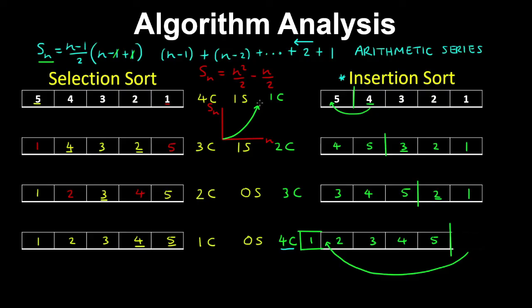So this is parabolic growth, and then for a large n, this first term dominates. So therefore, both of these algorithms are of order n squared in the worst case. And you'll learn about big O notation in more advanced computer science courses.